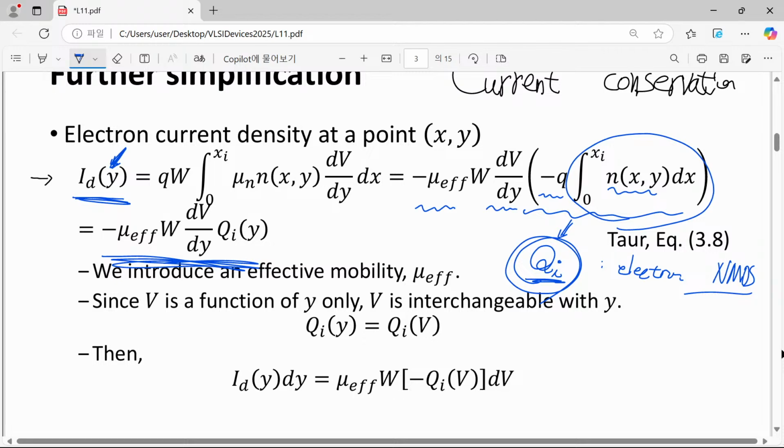At any position y, we can express our current in this way, and that should actually be a constant of y.